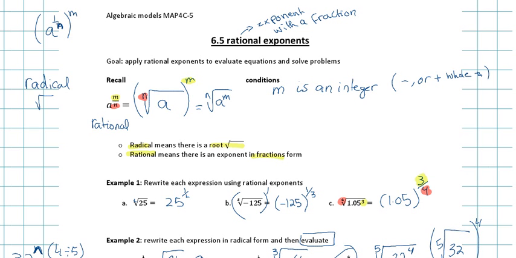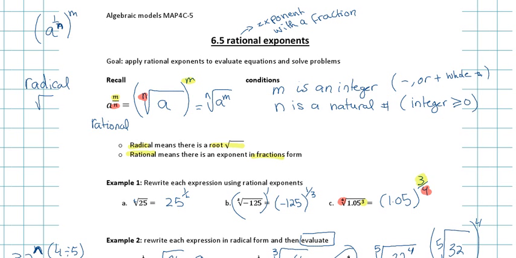N is a natural number. That's a new word. A natural number is an integer, but only positive integers. Okay? So natural numbers are greater than or equal to 1.